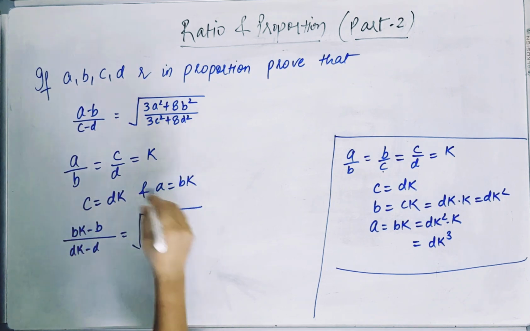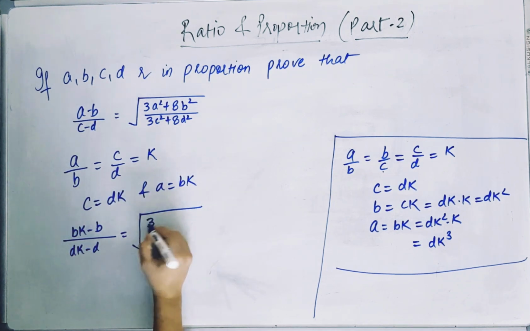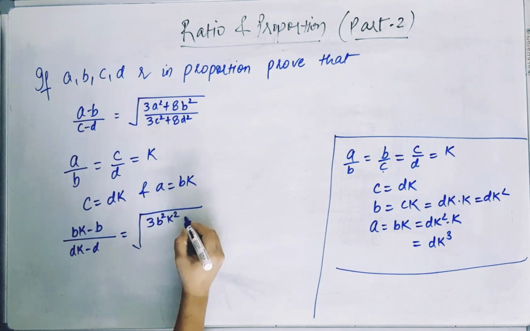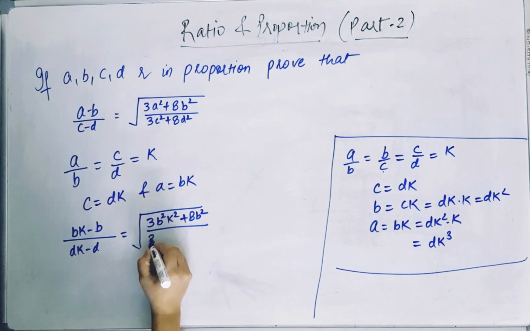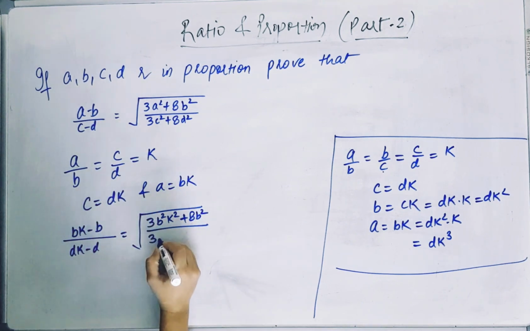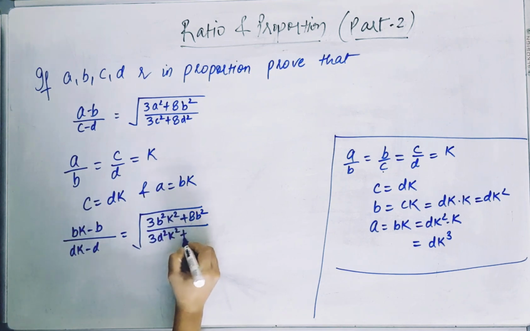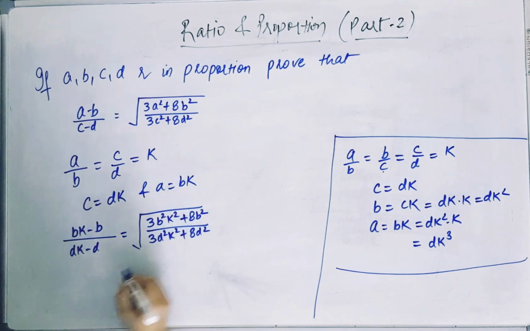Similarly, RHS साइड भी ऐसी हम रखेंगे 3 into a square that is bk square, तो b square k square plus 8b square, ऐसे नीचे रखेंगे c square, तो c की जगह dk, d square k square plus 8d square.